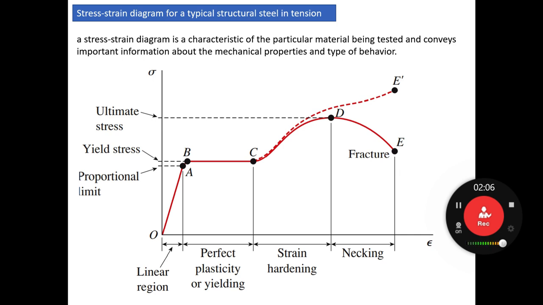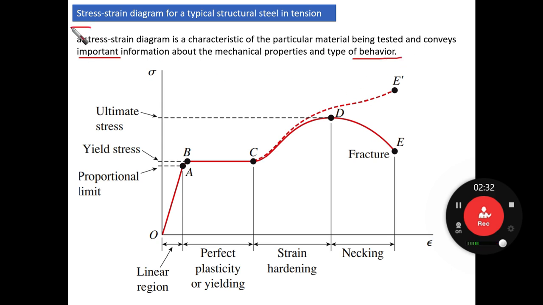the importance of it. Stress-strain diagram for a typical structural steel in tension. A stress-strain diagram is a characteristic of the particular material being tested and conveys important information about the mechanical properties and type of behavior.